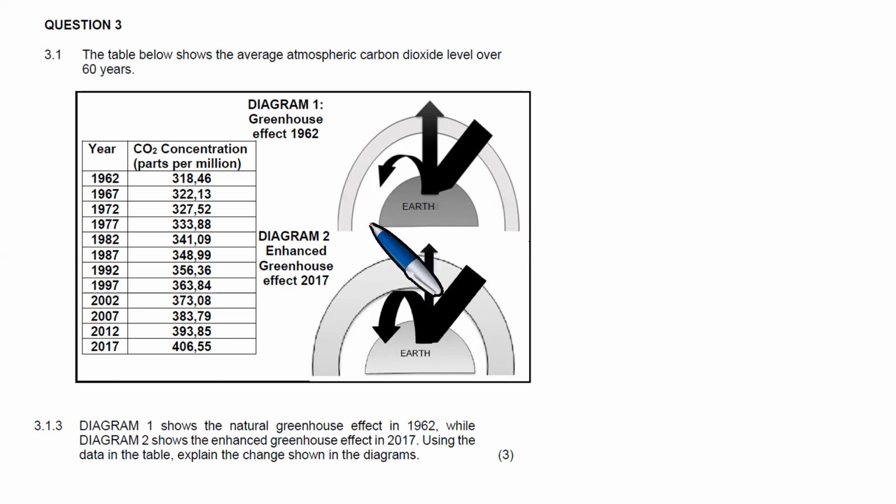Diagram 1 shows the natural greenhouse effect in 1962, while diagram 2 shows the enhanced greenhouse effect in 2017, just a few years ago.